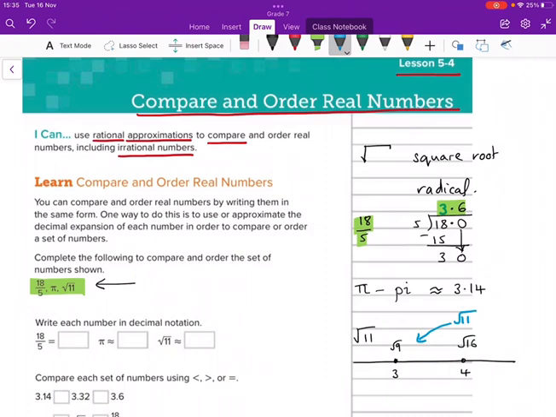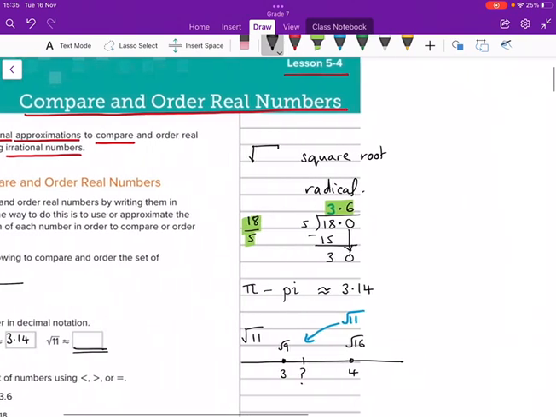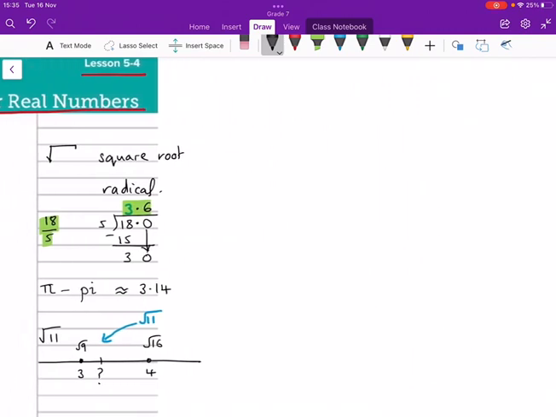Okay, so far we've got 3.6, and we've got 3.14, and now we've got to get an approximate to this here in order to decide how these numbers are going to be ordered. Let's remember how to do that. So we can look at a number and think, well, would it be maybe 3.2 times 3.2? Could that be it? Let's have a go. The way to do that is to multiply 32 by 32, ignoring the decimals.